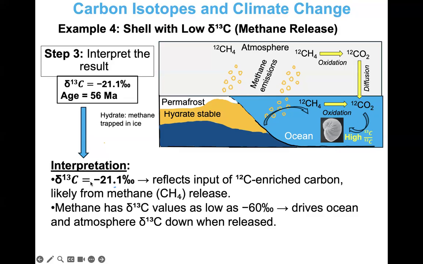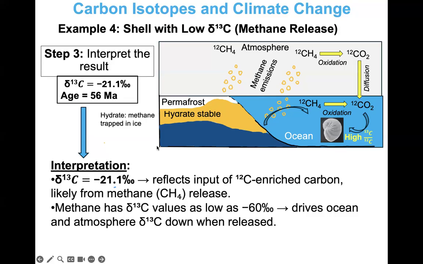So delta 13C of minus 21.1 reflects input of C12-rich carbon. Anytime we have a very low number here, it means you have a gain of C12 in the material, in this case the shell. And this is likely from methane, CH4, released from the hydrate, which is like methane trapped in ice.